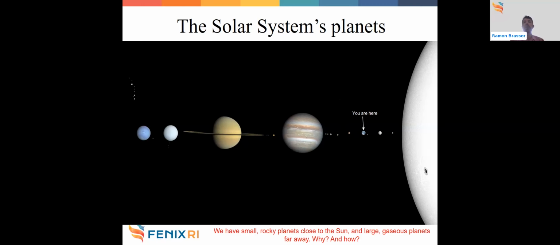What is characteristic of the solar system is that we have 4 small rocky planets fairly close to the sun, within 1.5 AU, astronomical unit, which is the Earth-Sun distance. And then we have 4 large planets, 2 gas giants and 2 ice giants, which are further out, situated between 5 to 30 AU. So how did this come to be?